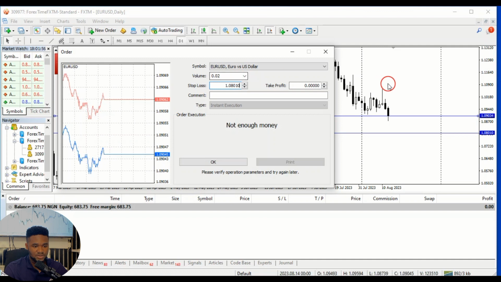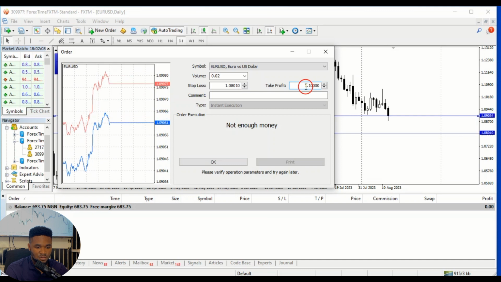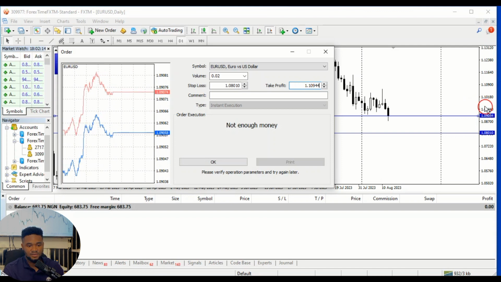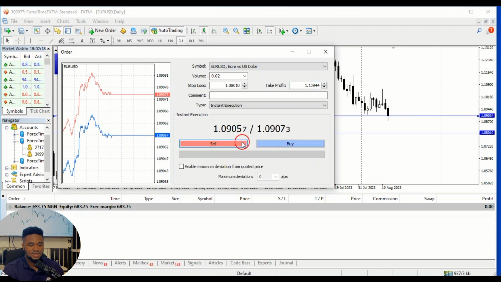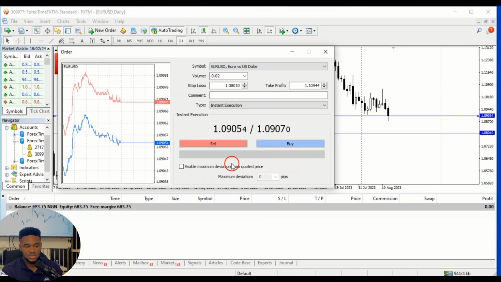This is my stop loss, and my take profit should be around here or here. It should be above. I will now use 1.109440. I'm using this level here. This is for example purposes. So I will now click on buy. There's not enough money, it's not going to work, but this is how you do it.